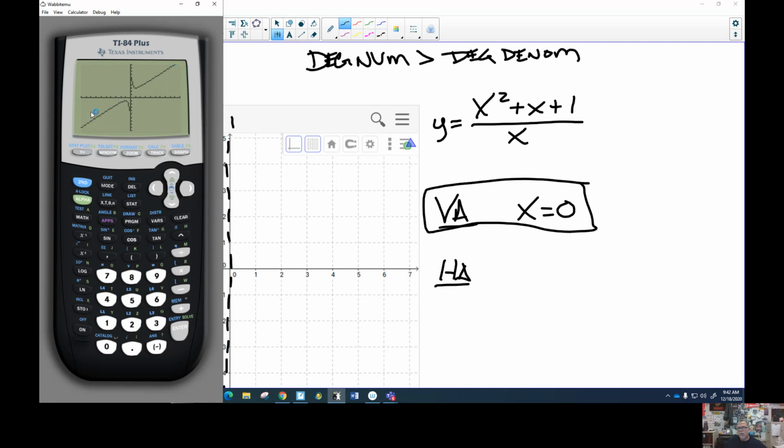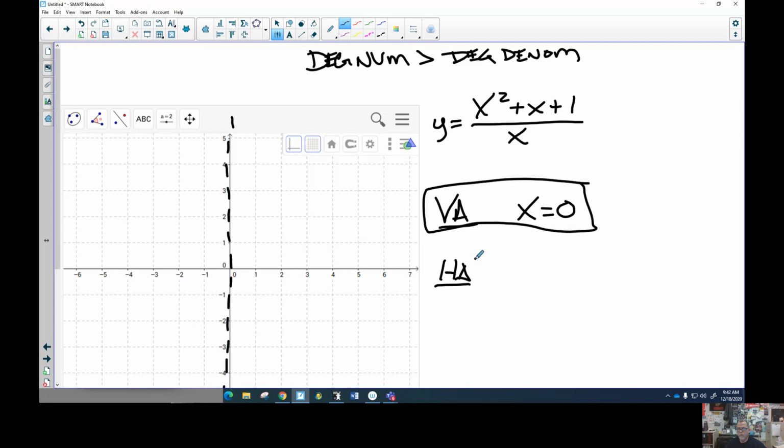This is something we call, when we have a degree of the numerator greater than the degree of the denominator, we get what can be called a slant asymptote. So no longer, in this case, do we have horizontal asymptotes. We've got slant asymptotes. All right, and a slant asymptote, we can find out what that is, again, by doing division.